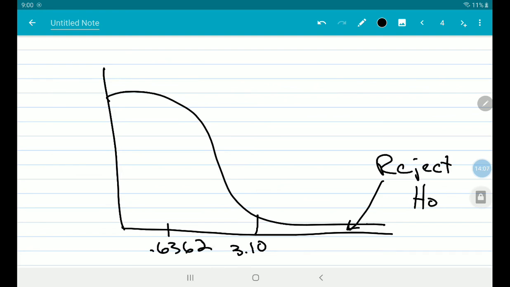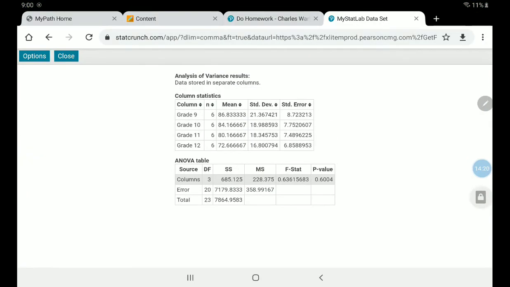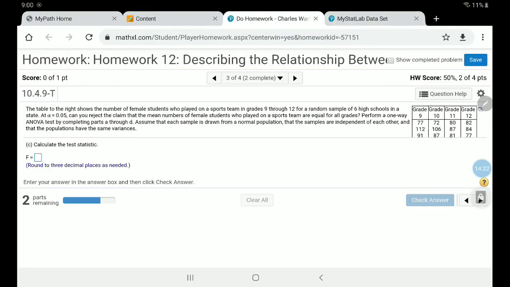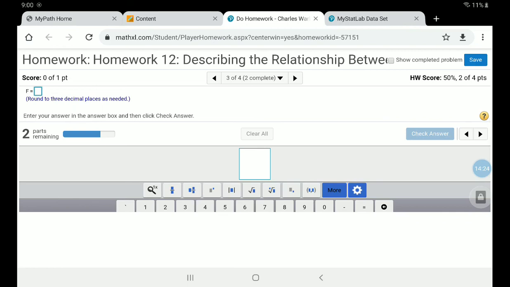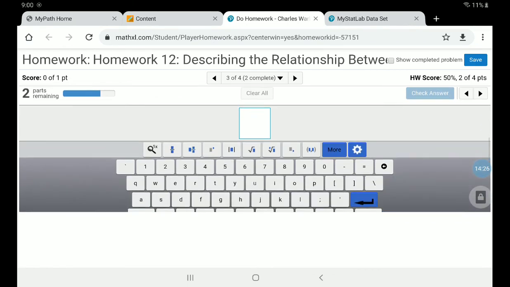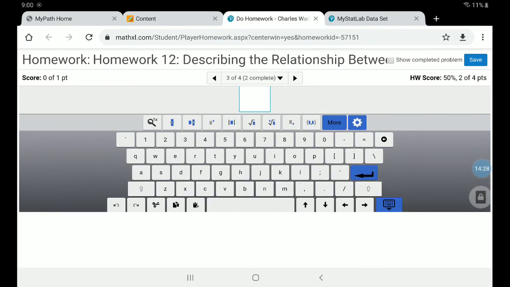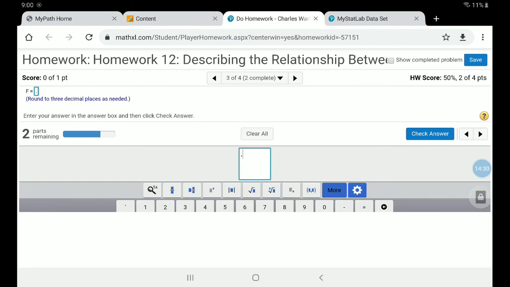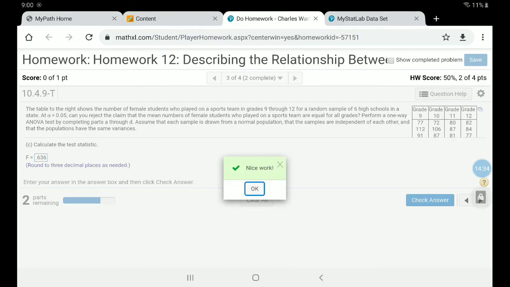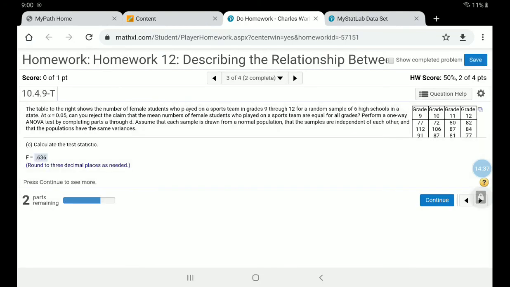You can see that is not in the reject region. So we will fail to reject the null hypothesis. We'll talk about that in a second, but first let's give MyLab what they want. 3 decimal places. 0.636. Okay.